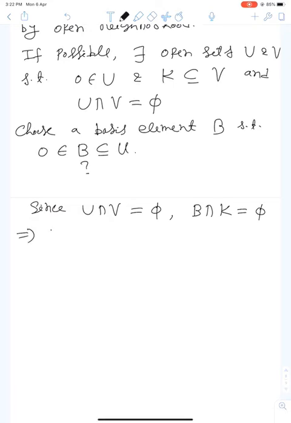That implies B is of the form AB minus K. Because if B is of the form of only the open interval AB, then it must contain some elements of K. It is easy to see that. Therefore, B is of this form.